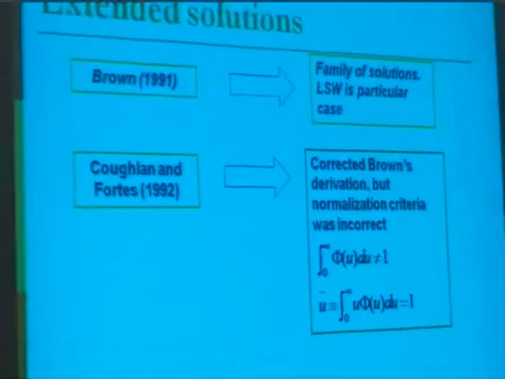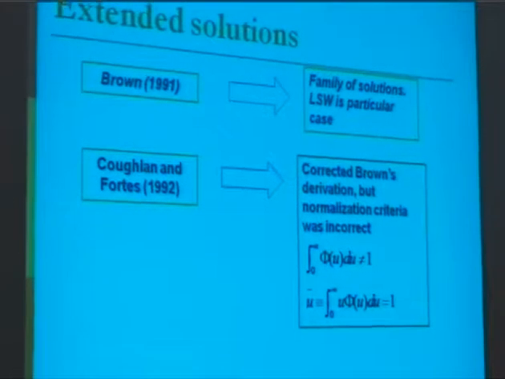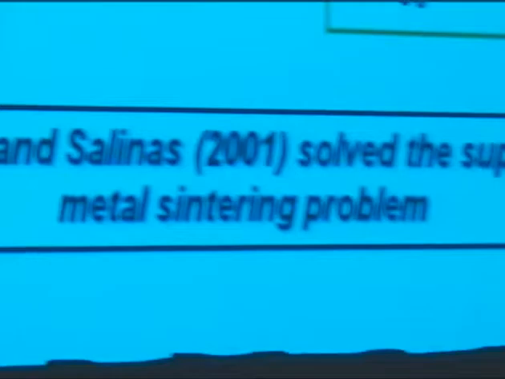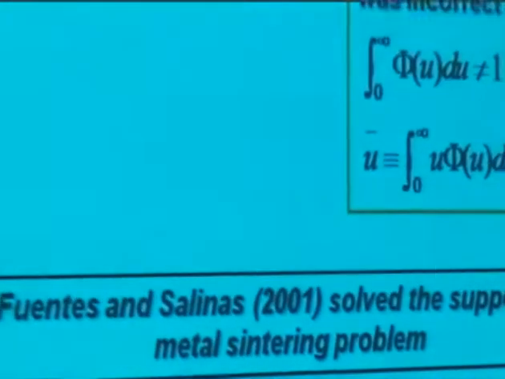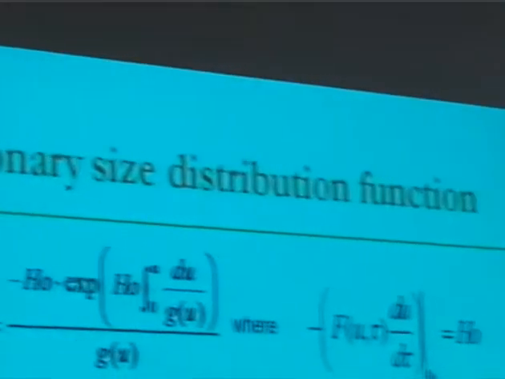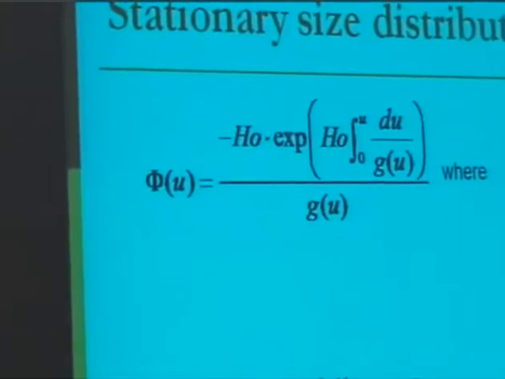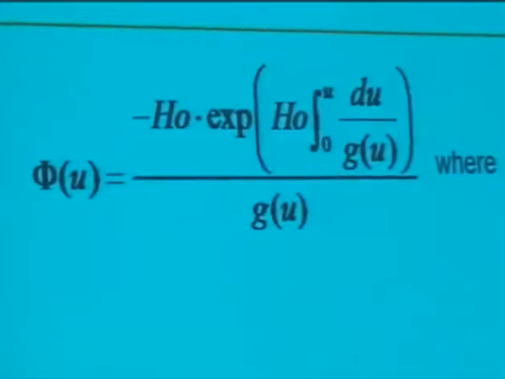However, there were problems with his solution, and Copeland and Fortes corrected his solution, but they still have problems. We attacked the problem a number of years ago, and reasonably well, although we also found some glitches in our solution that made us delay the advancement of the problem.